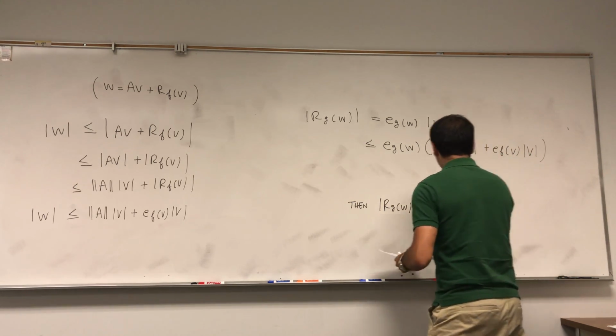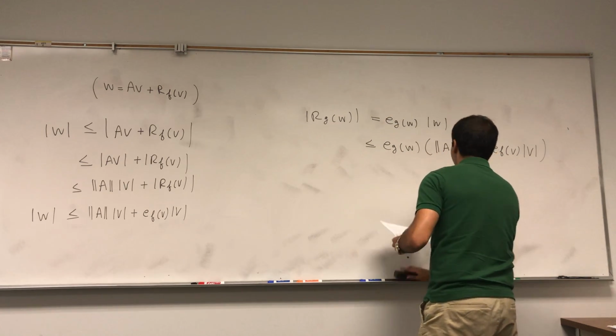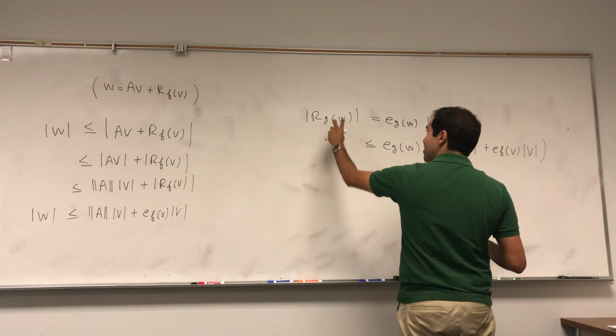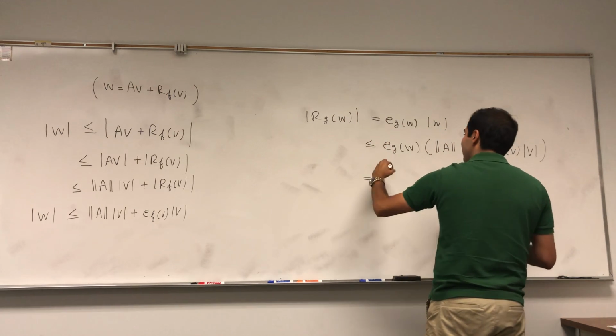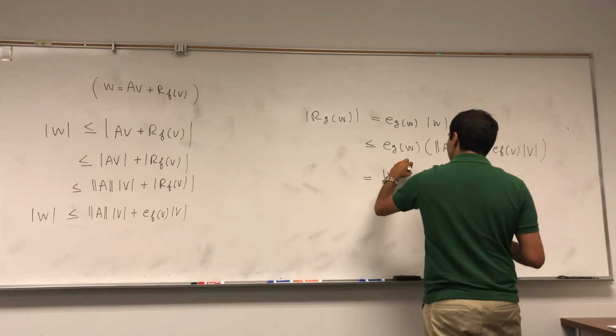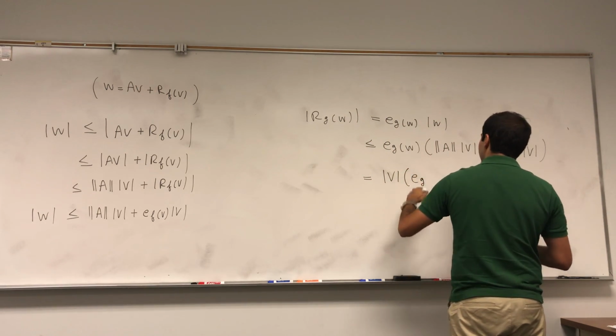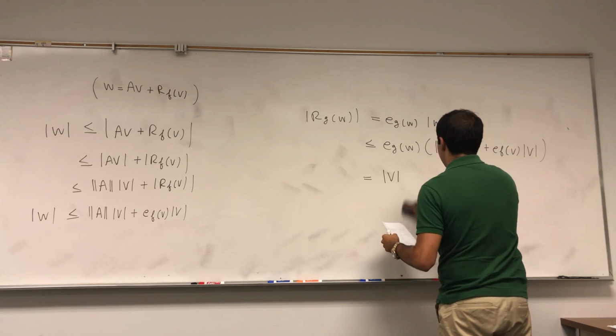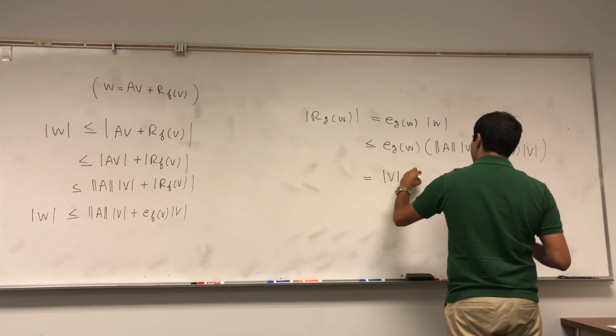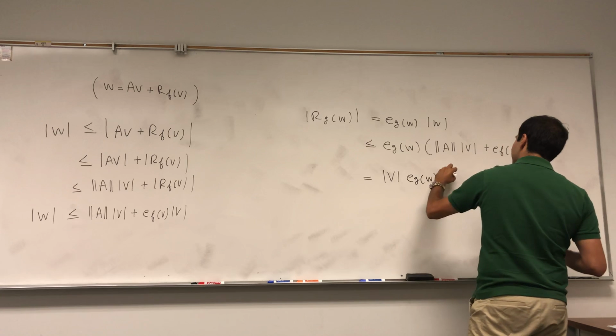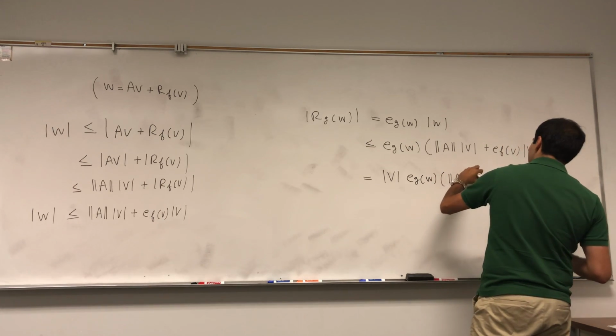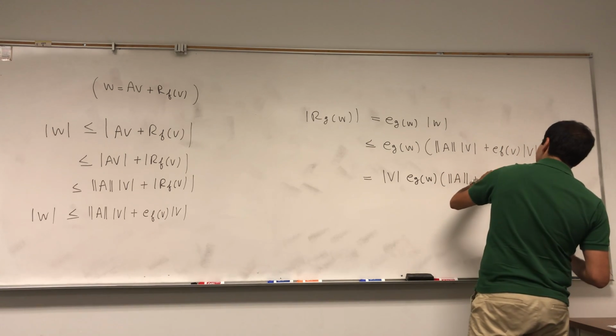And the nice thing is, there's a v now that comes out, because we want to measure this with respect to v. So this is the length of v times Eg of w times the length of A plus Ef of v.